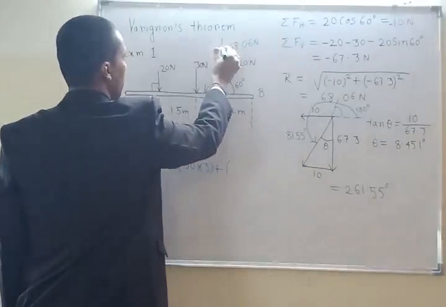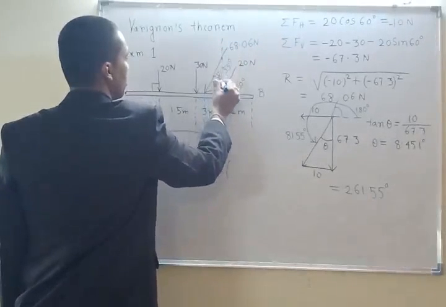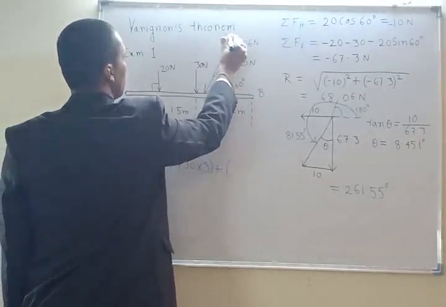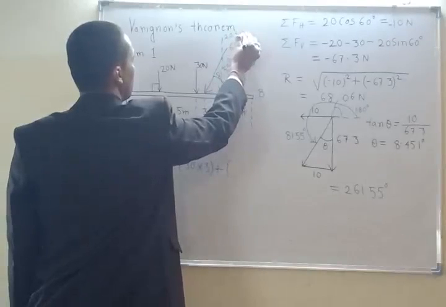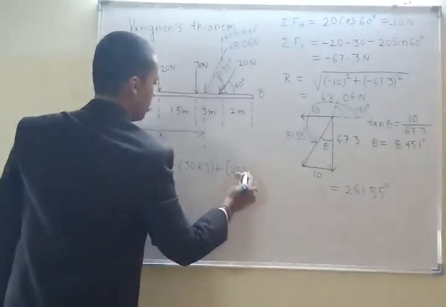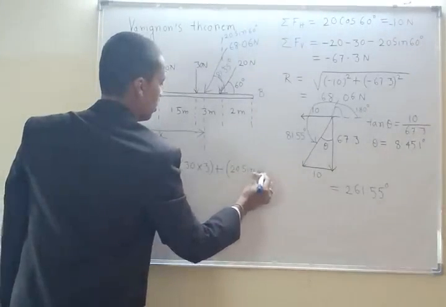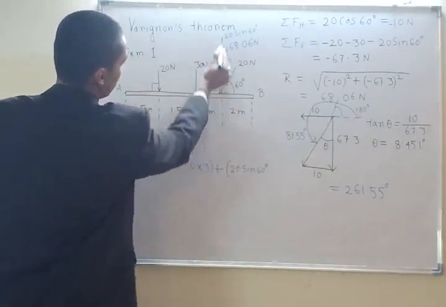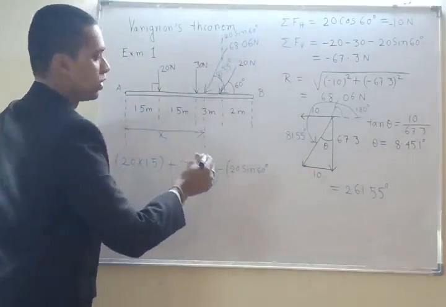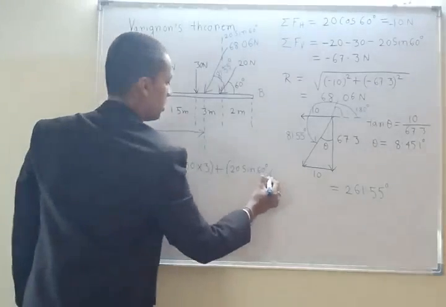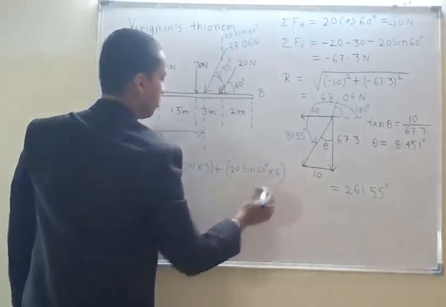It is like this. Okay, so 20 sine 60 degrees multiplied by the distance. Now this is the perpendicular force into the distance, 1.5 plus 1.5 plus 3, that is 6 meters.